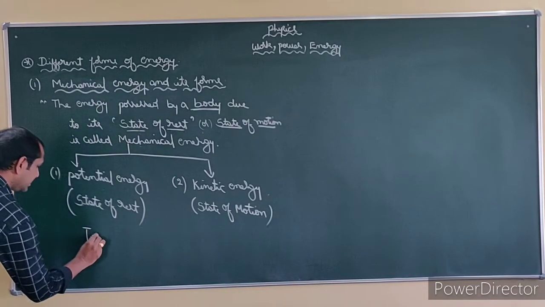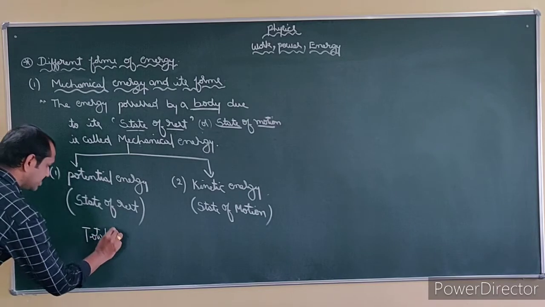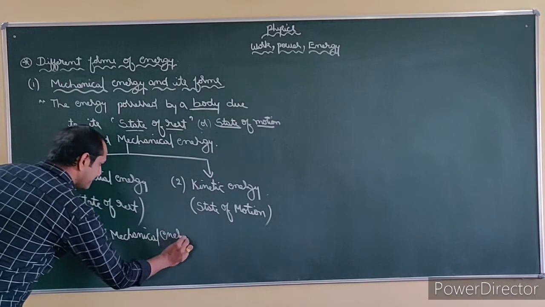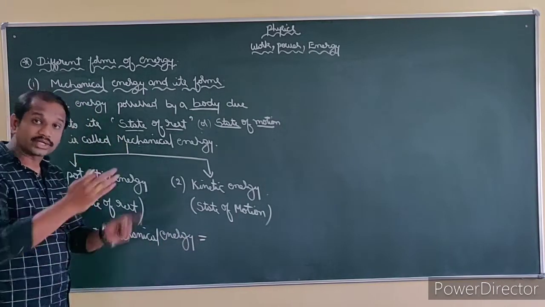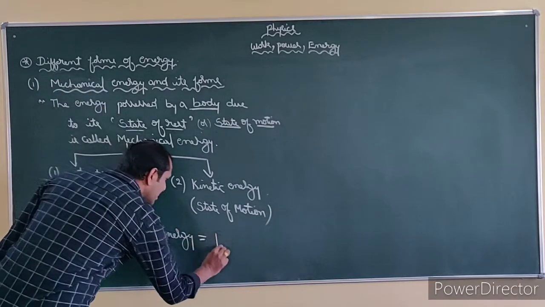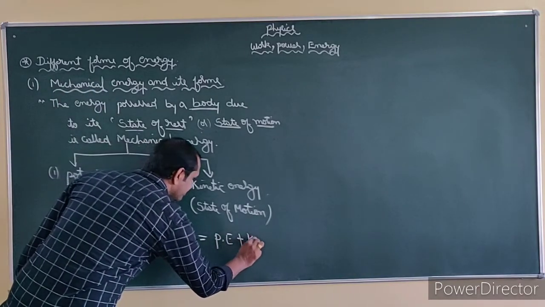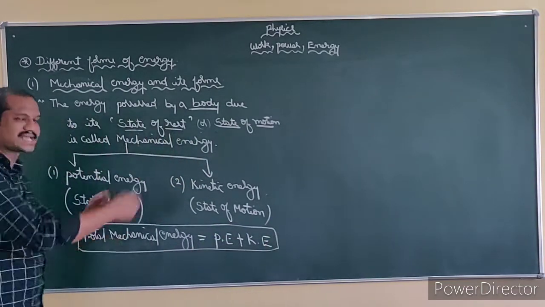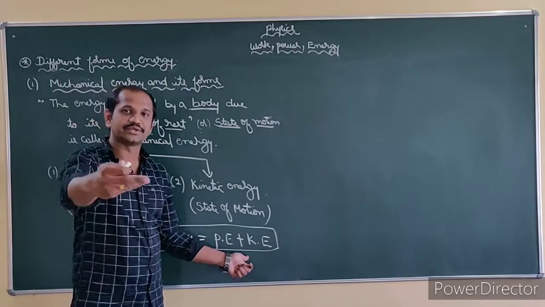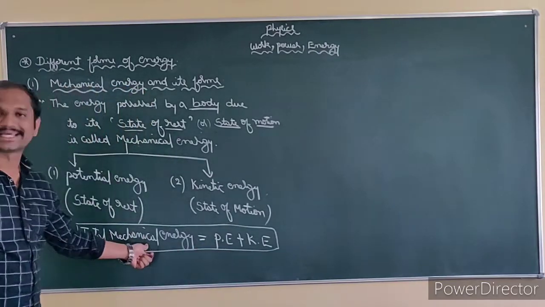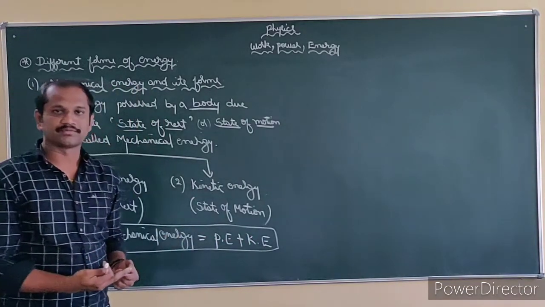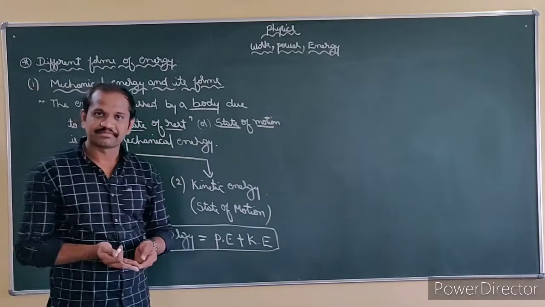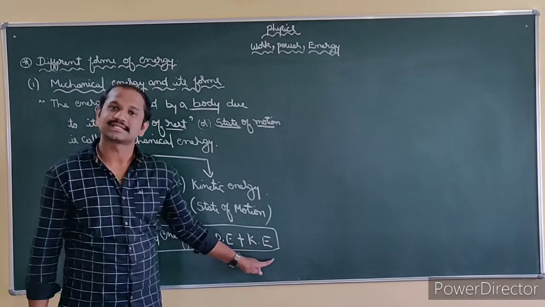And one more relation you need to remember, very important, that is total mechanical energy. Total mechanical energy of the system will always be equal to the sum of potential plus kinetic.